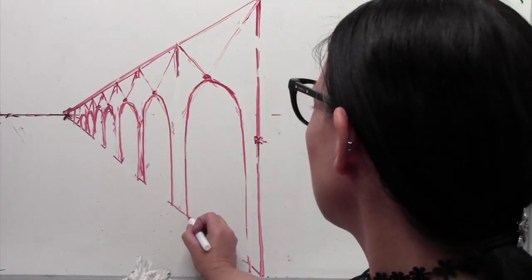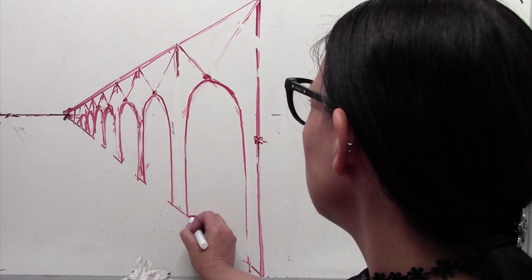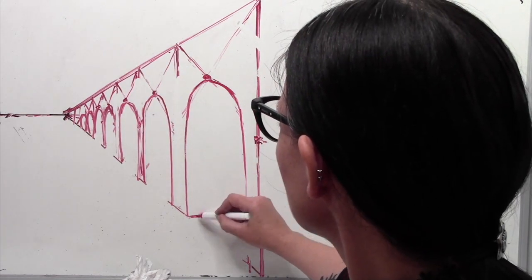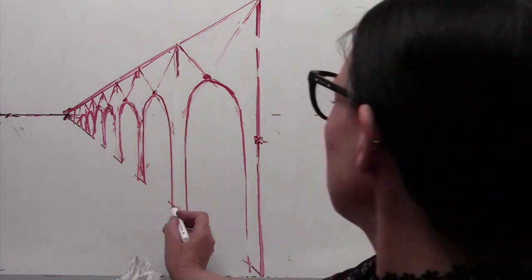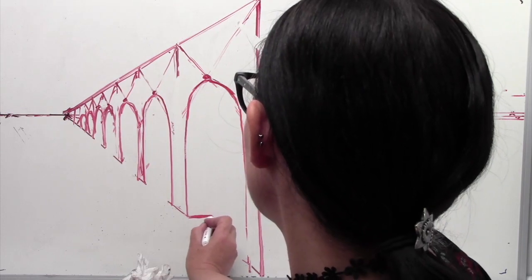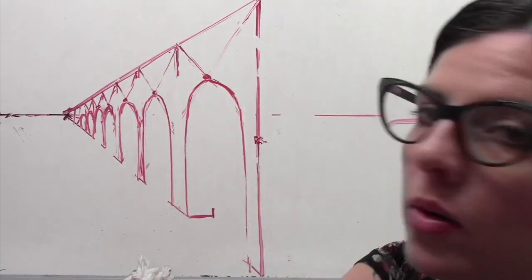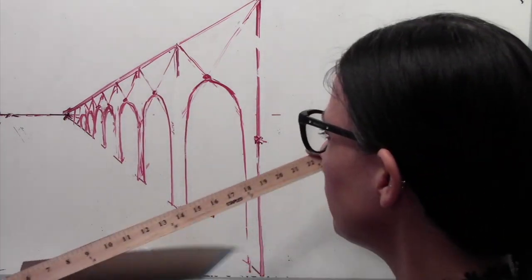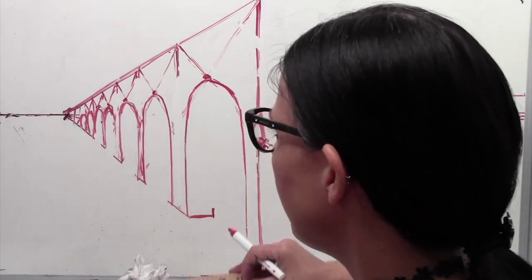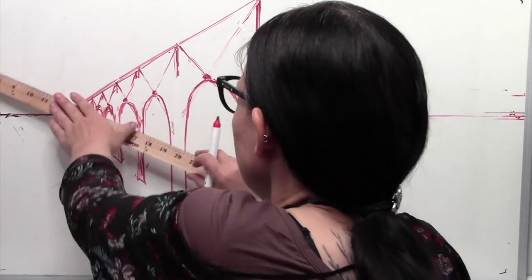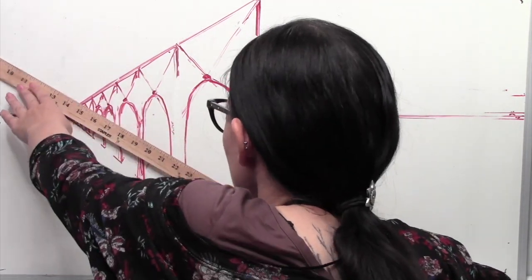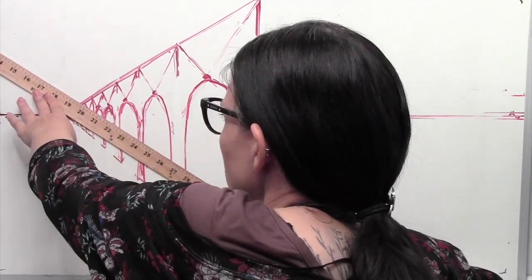So let's see how well I do. I'm going to make this a little extra thick, just to give you a sense of where this is going. And I don't generally use my ruler a lot, but let's give it a go.